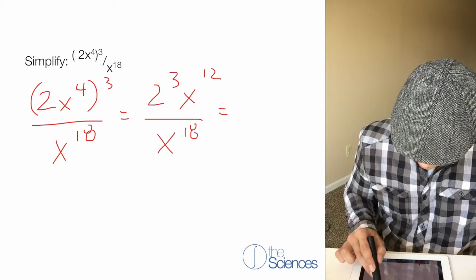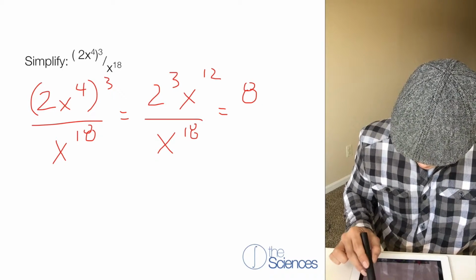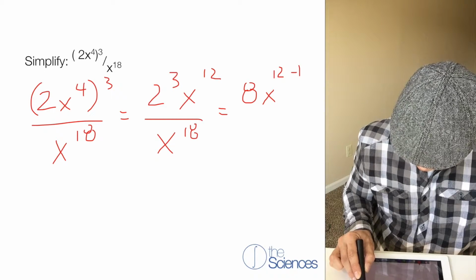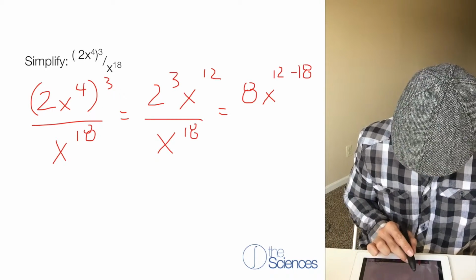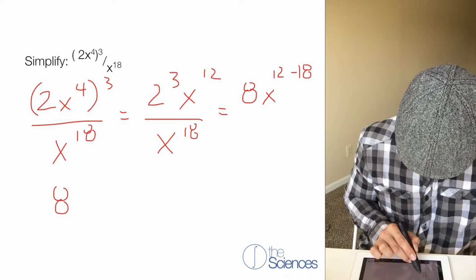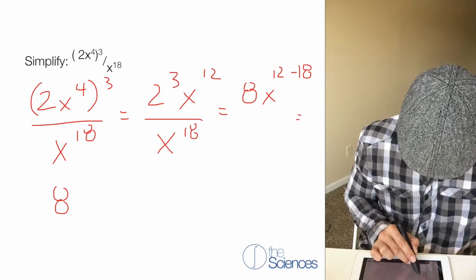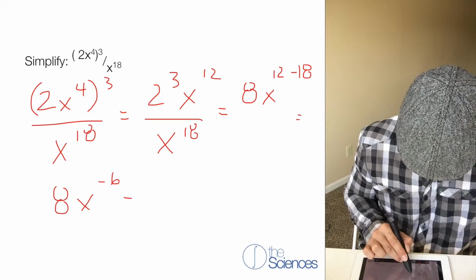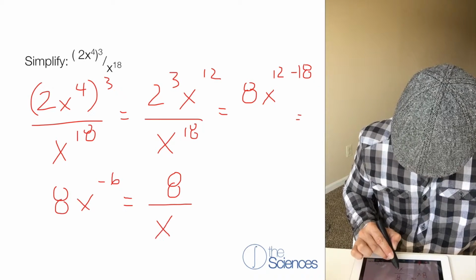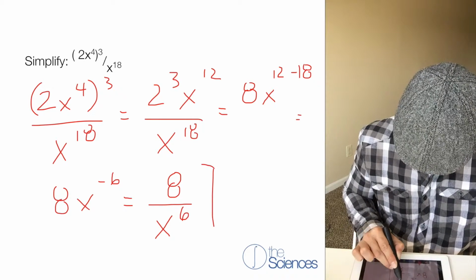So now here we have 8 times x to the 12 minus 18th power, or 8 times x to the negative 6th power, which is the same as 8 over x to the 6th power.